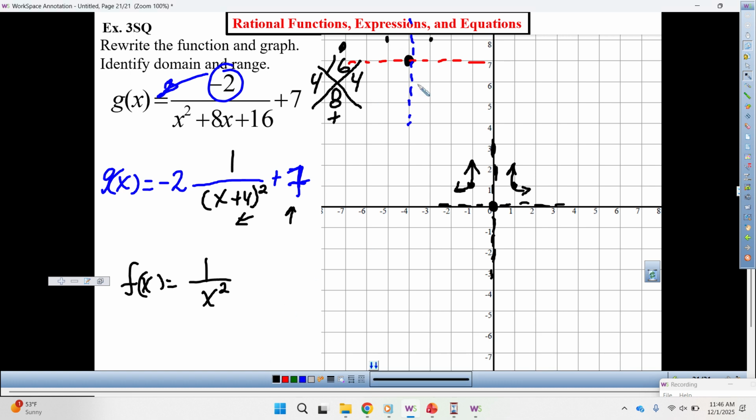However, tell your neighbor what happens with that. Tell your neighbor what happens with that, and then Miguel's going to enlighten us. Talk to your neighbor what's going to happen at the end with that negative 2 for these 2 points.